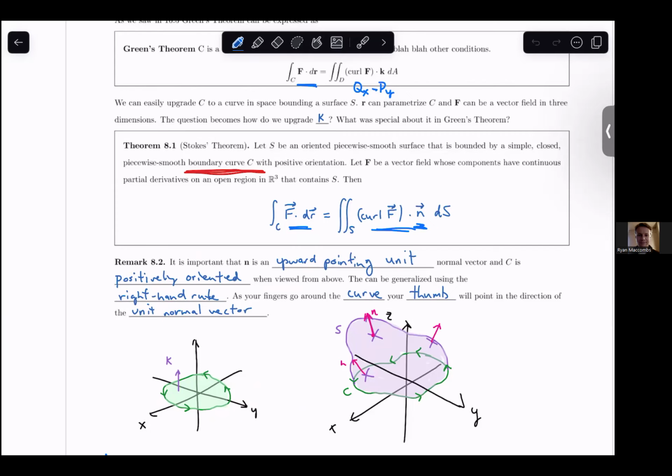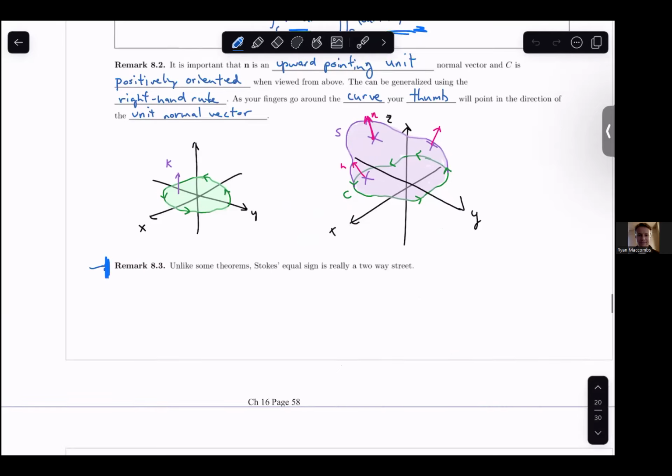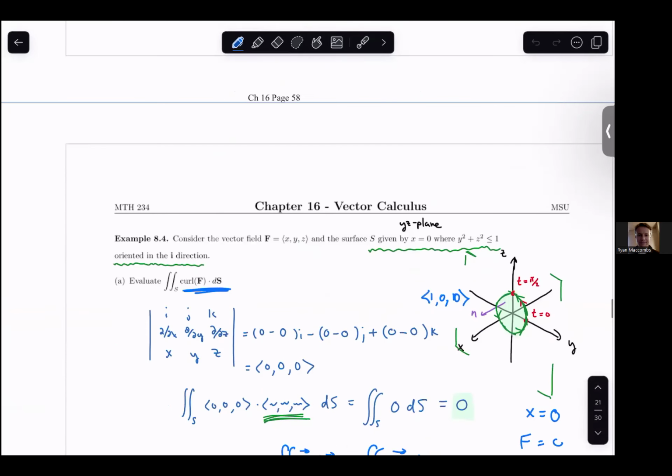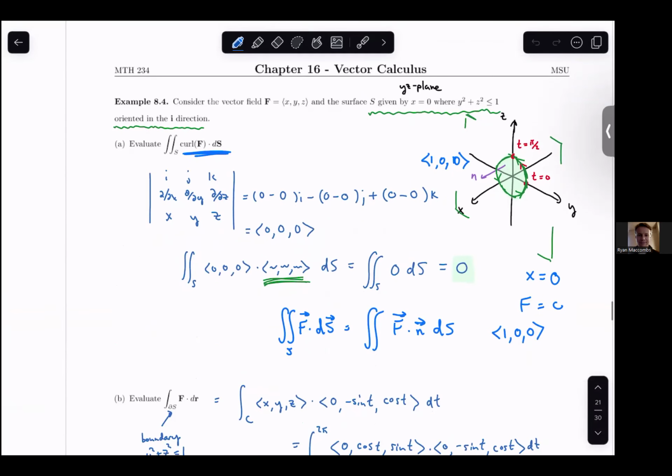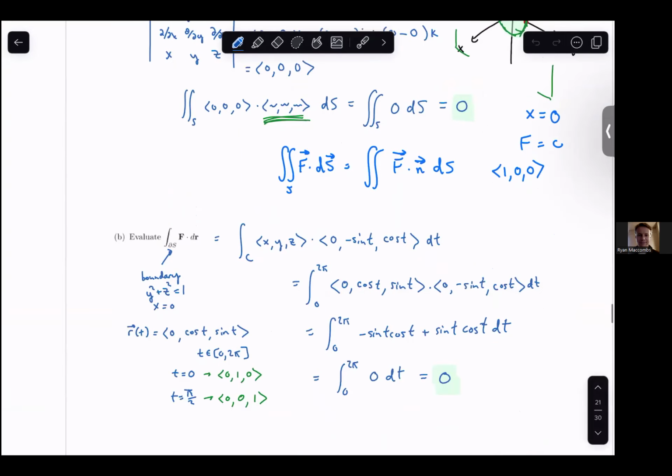I try not to go too much into it in this class, but we get 2 days on Stokes' theorem. And so here was an example, just showcasing that no matter which way you choose to evaluate this, either with the surface integral or with a line integral, in both cases, you got the same result. Of course, this was just a result of 0. But yes, it did match.